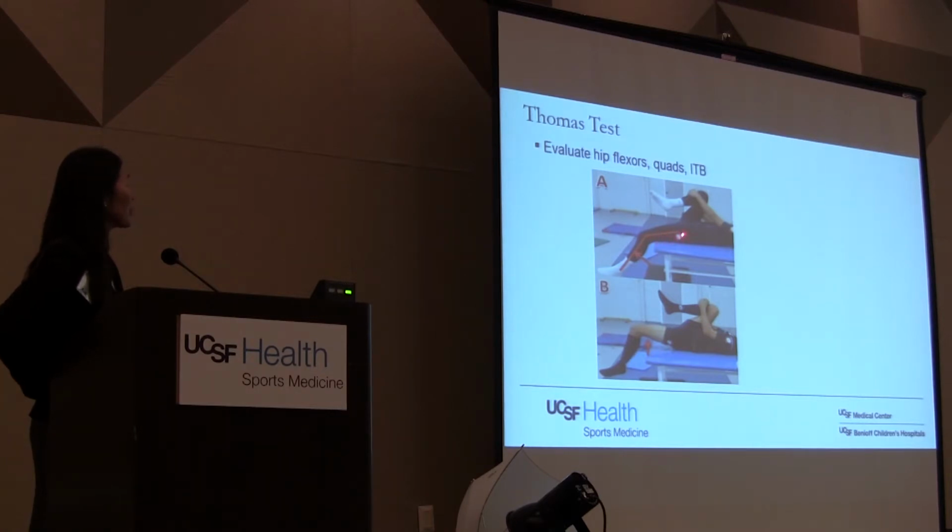If they're flexible in both their iliopsoas and their rectus femoris, it's going to be a 90-degree angle here, okay? So he's a little bit tight through here, but here you see a perfect example of a tight iliopsoas through here and possibly the rectus femoris. So this is called the Thomas test.